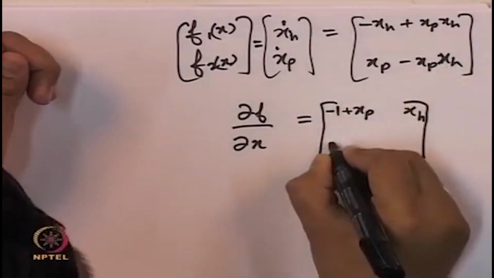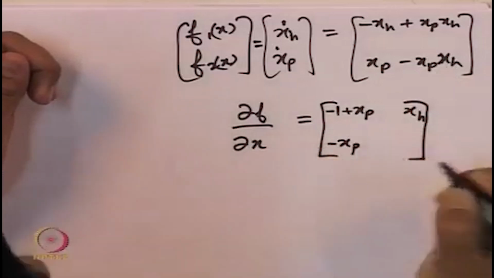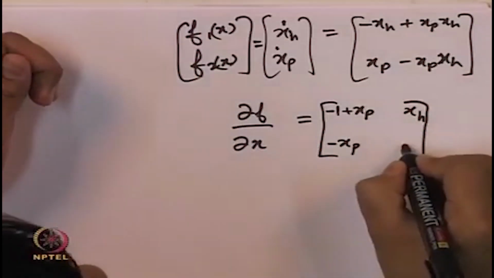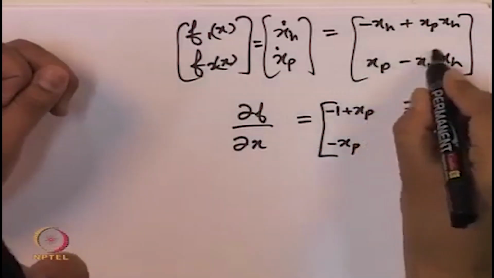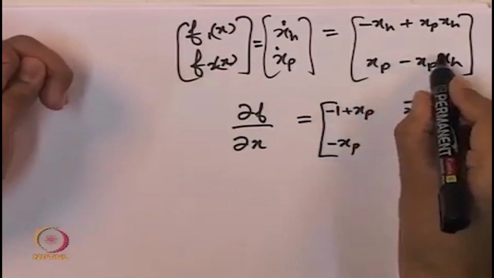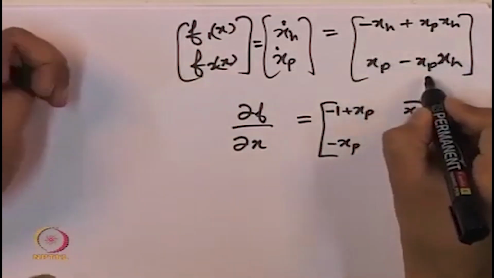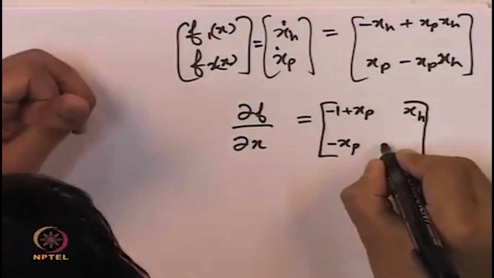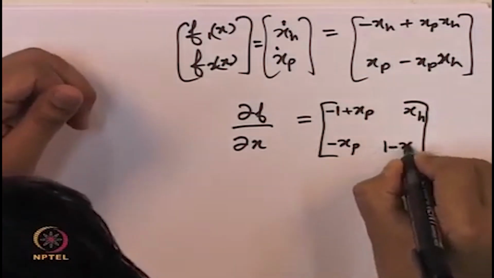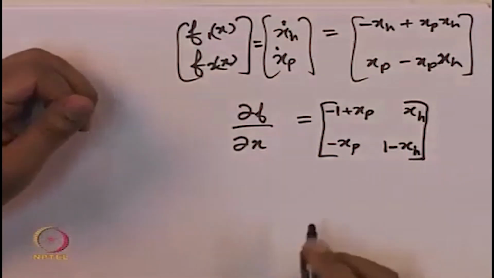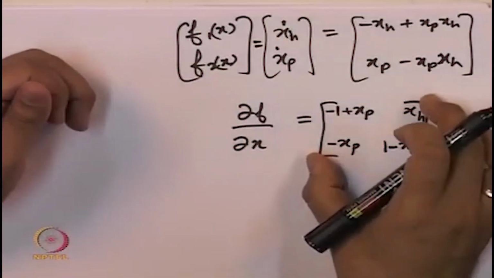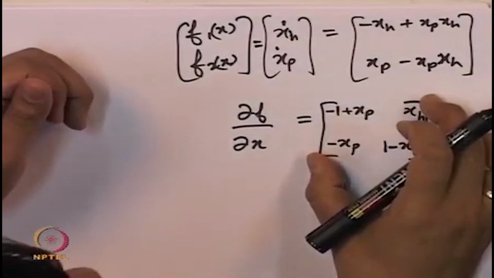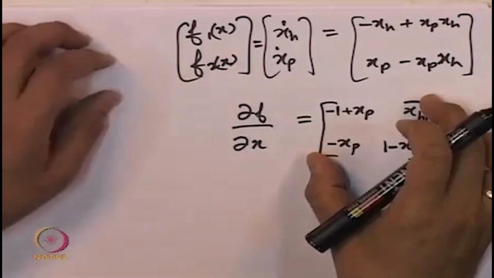Here we get minus XP, and the entry that comes here is the derivative of F2 with respect to XP, the second component of the state. For that we get 1 minus XH. So as expected, this is a 2 by 2 matrix which depends on XP and XH.